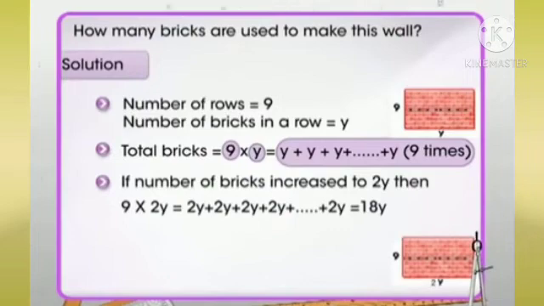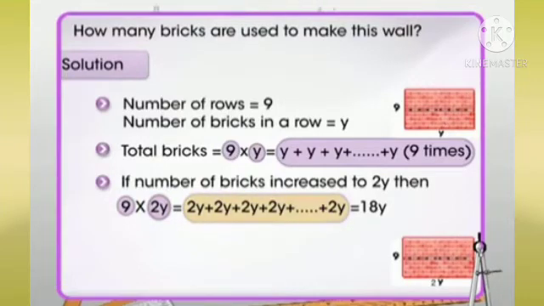Now, let's consider if each row has 2y bricks. Then the number of bricks is 9 into 2y, or 2y added to itself 9 times, that is 18y. In both the situations, a monomial is multiplied by another monomial and the product is also a monomial.